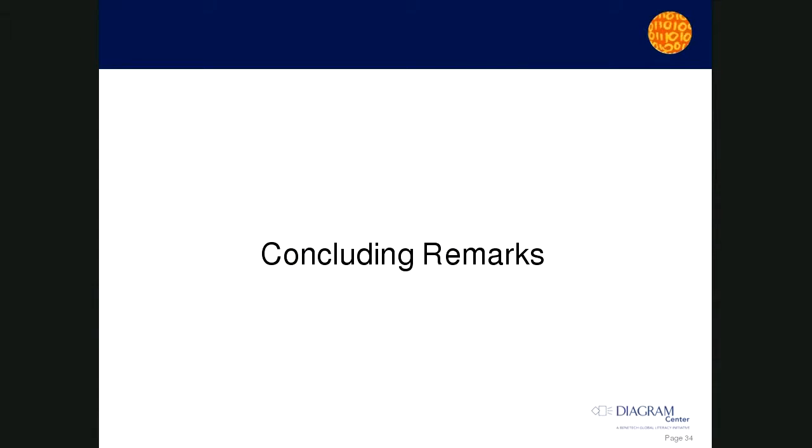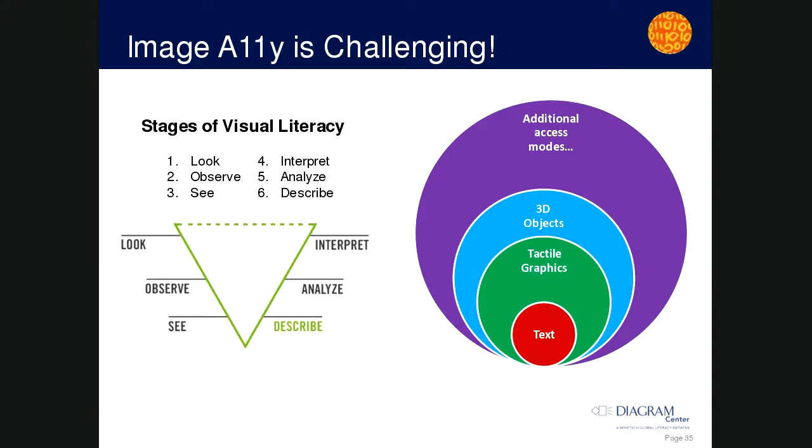So really, that's where we are with image accessibility. There are a lot of just reminders that image accessibility is really, really challenging, especially as we get to more modes of making images and diagrams accessible. This particular chart that I pulled up is from one of the partners we've worked with, a museum, and they're talking about visual literacy.